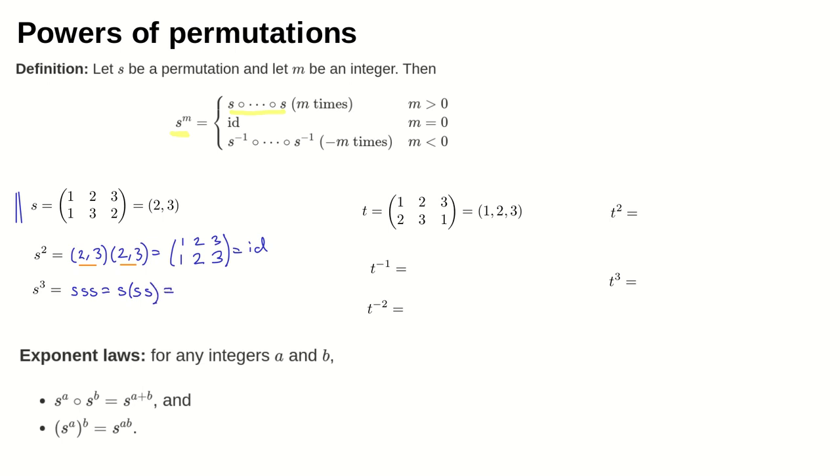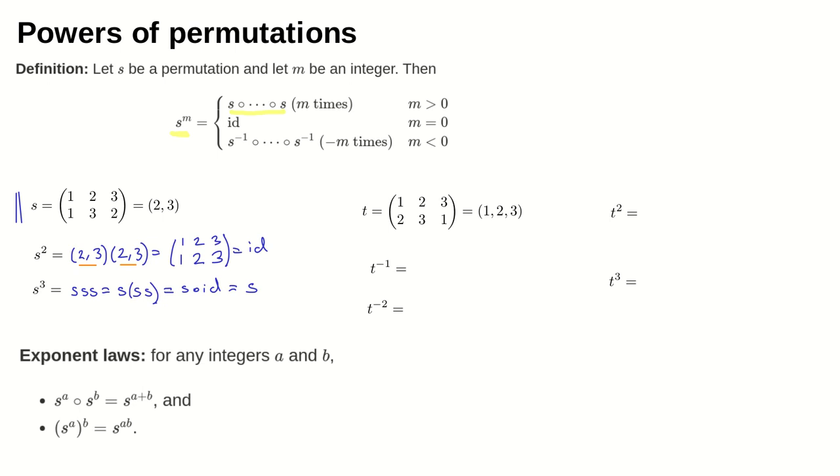But we know s composed with s is s squared, and that's the identity. So this is s composed with the identity. And of course, composing with the identity does nothing, so this is just s again. So what will happen if we take further powers of s is that it will simply repeat itself. S to the 4 will be the identity, s to the 5 will be s, s to the 6 will be the identity, s to the 7 will be s, and so on.